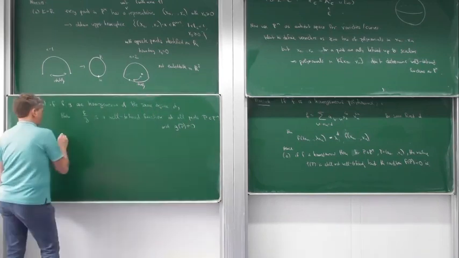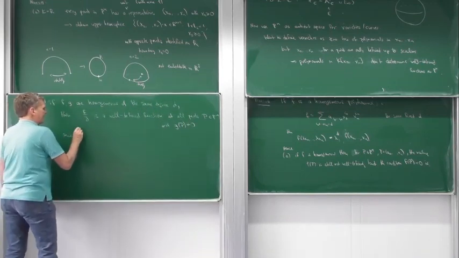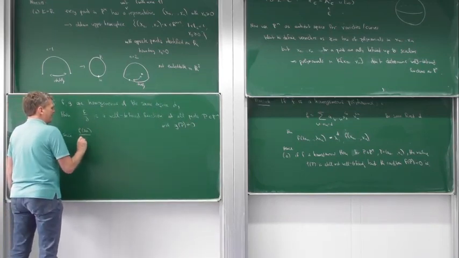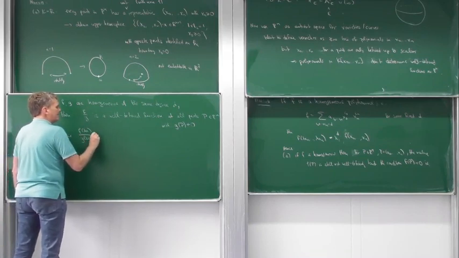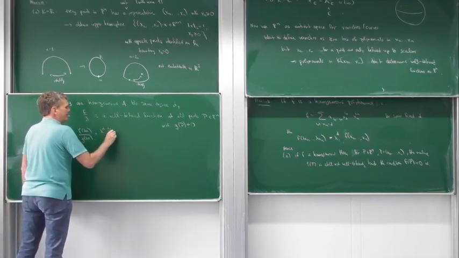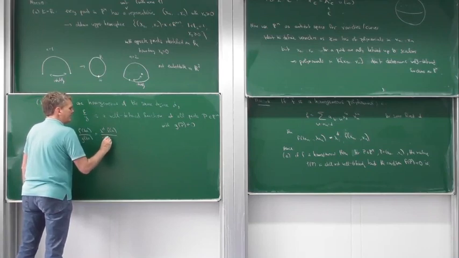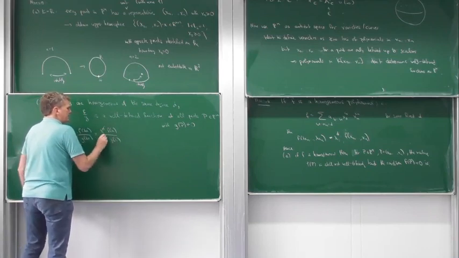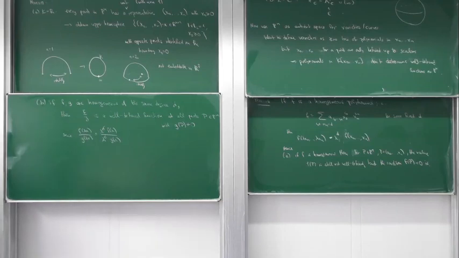That is of course since f of lambda x over g of lambda x would just be lambda to the d f of x over lambda to the d g of x, and then the lambda to the d just cancels. That's the same. So that would work.